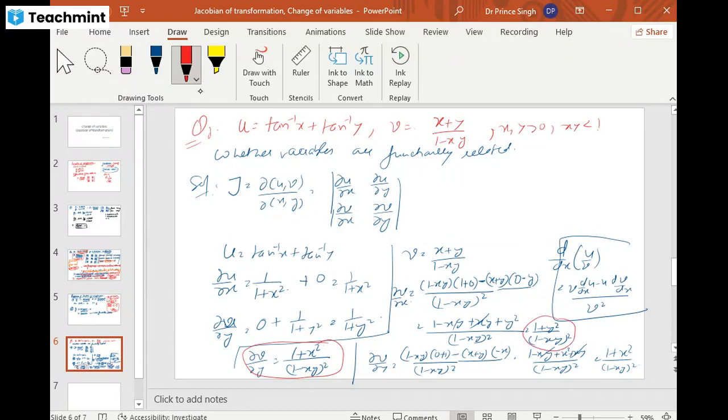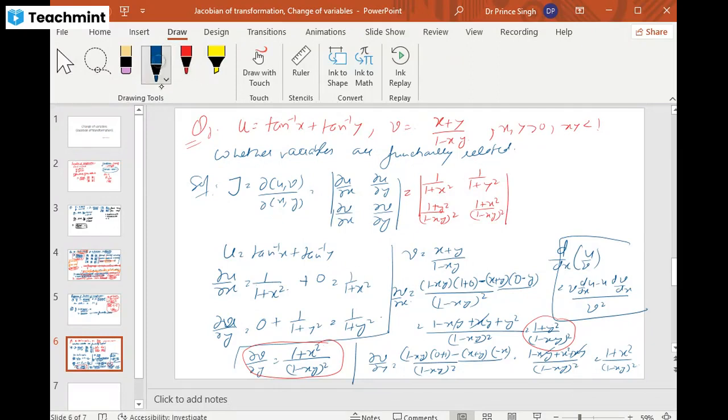So if we substitute these values here, what do we get? Curly u upon curly x is 1 upon 1 plus x square. This is 1 upon 1 plus y square. This is 1 plus y square upon 1 minus xy whole square. And this is 1 plus x square upon 1 minus xy whole square.